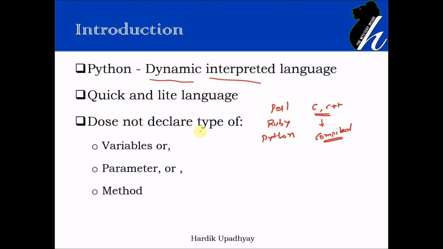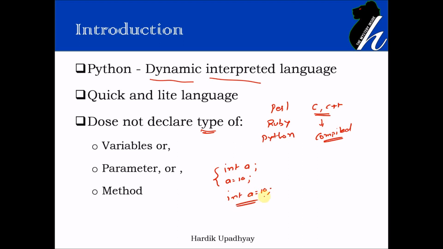It does not need to declare the type of a variable or parameter or method. For example, if you want to declare an integer variable in C programming language, there are two ways: int a; and a = 10 to assign a value into the variable, or you can use int a = 10.